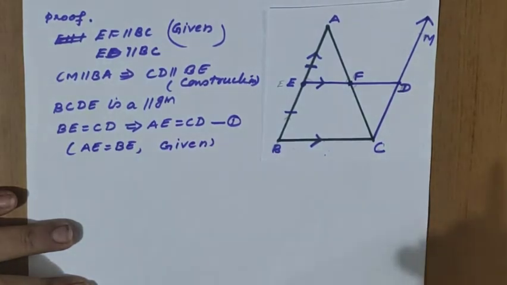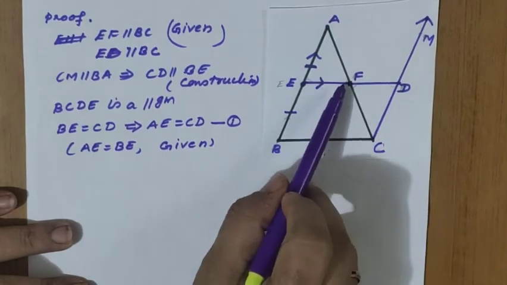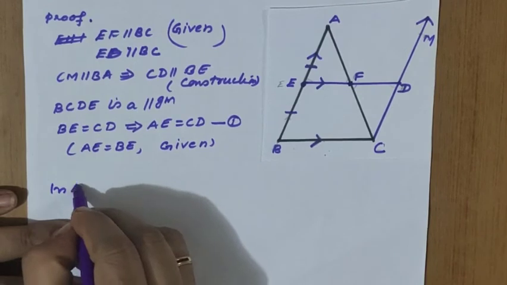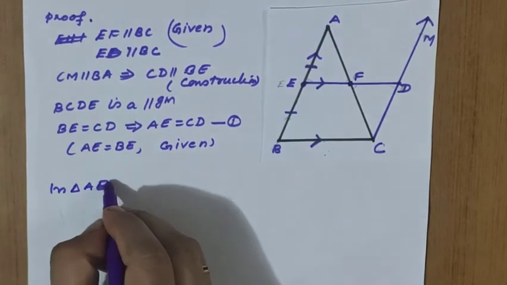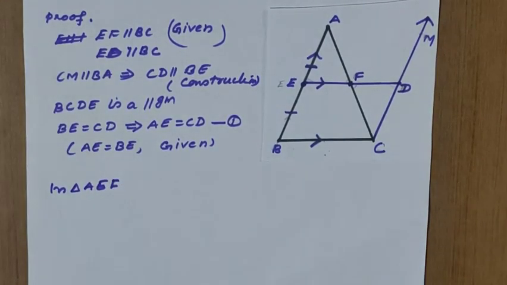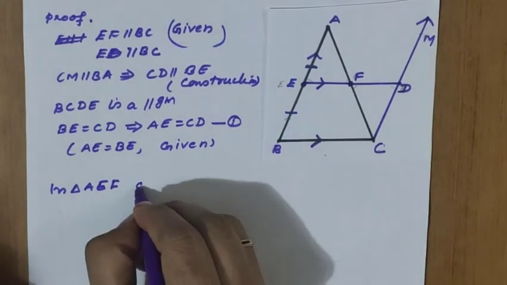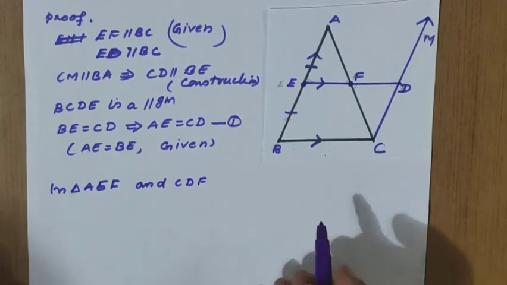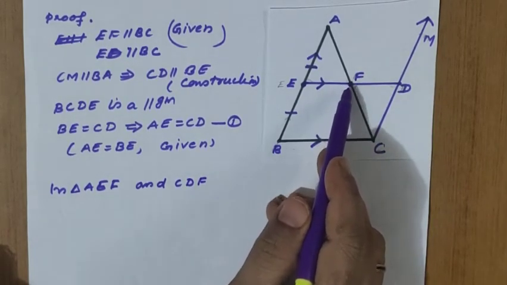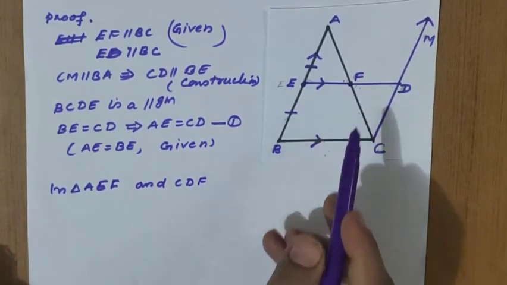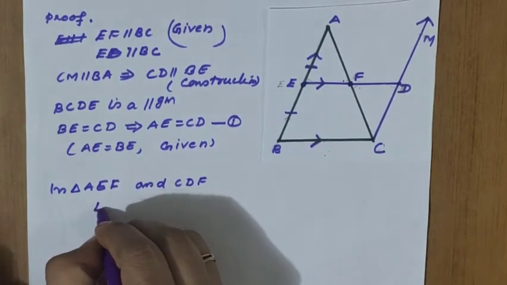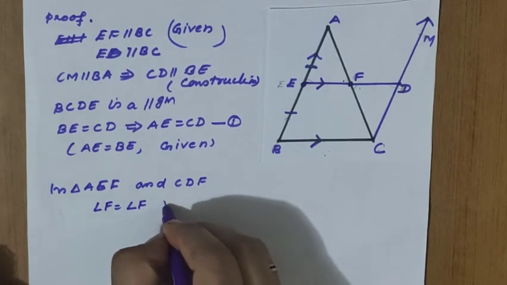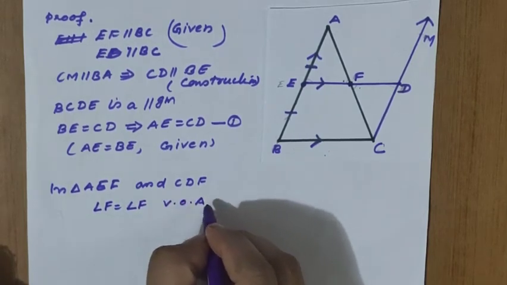Now again which triangles will we take? The same way how we proved the last theorem. So triangle AEF and triangle CDF. The first one we will write as usual, angle F is equal to angle F, vertically opposite angle.